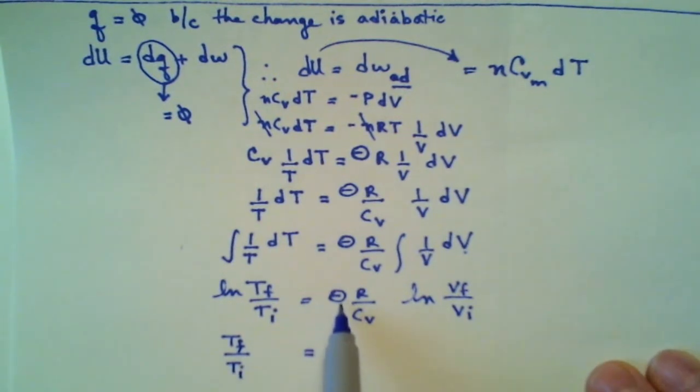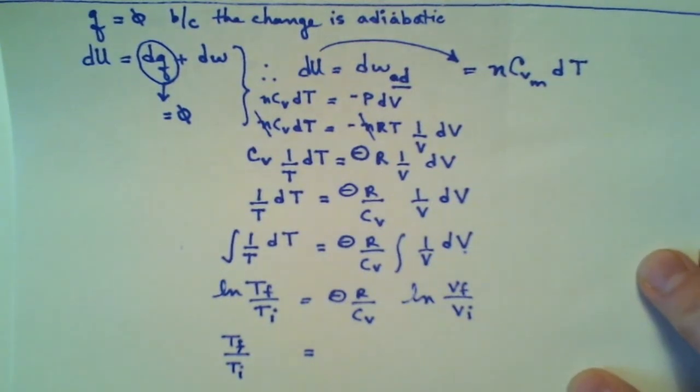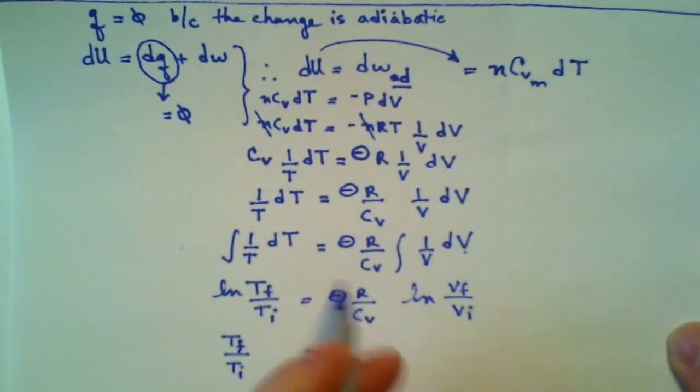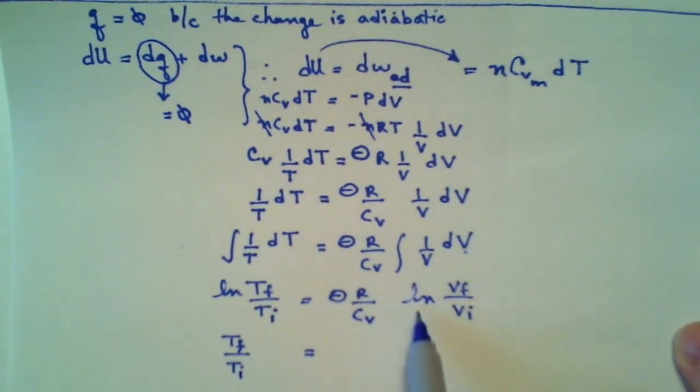Now how about that negative sign? Before I take the inverse ln of this side, I want to actually, perhaps we can combine it in a single step. This negative sign, if I flip this ratio, that would take care of the negative sign.